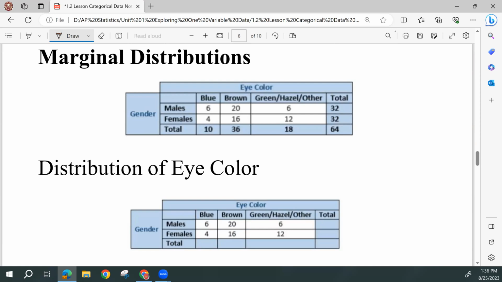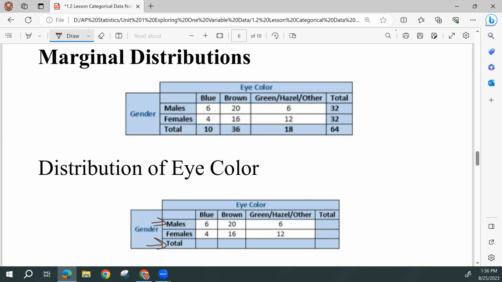Another thing we can look at in these contingency tables are distributions. Distributions are basically, for example, for the males, if I look at all 32 males, how is the color of their eyes dispersed amongst those male subjects? For our margins, which are down here, we would be looking at how the eye colors in general are dispersed amongst all of our subjects.